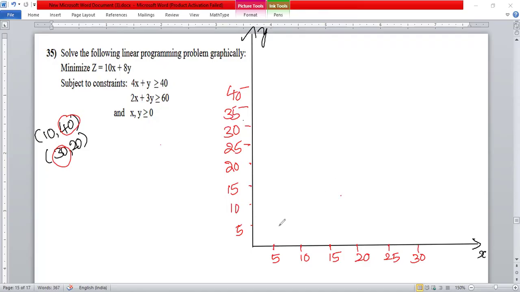Okay, the first point is 10 comma 40. 10 is x-axis, so 10 comma 40.